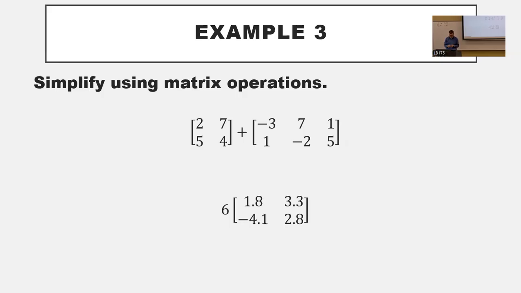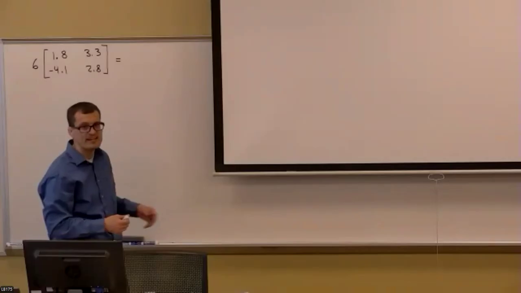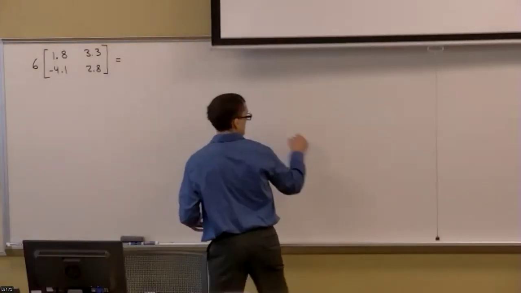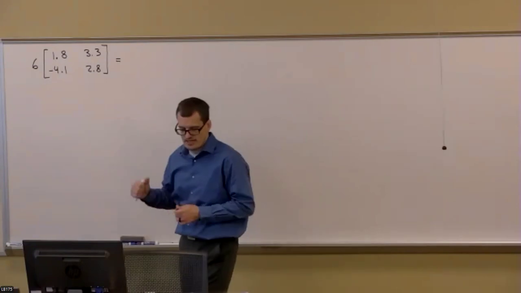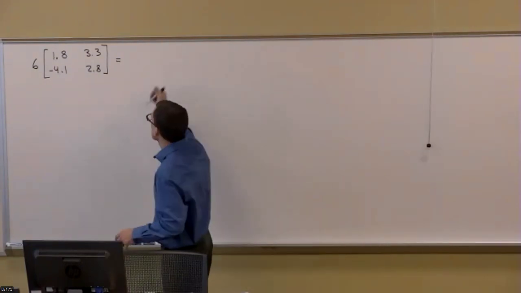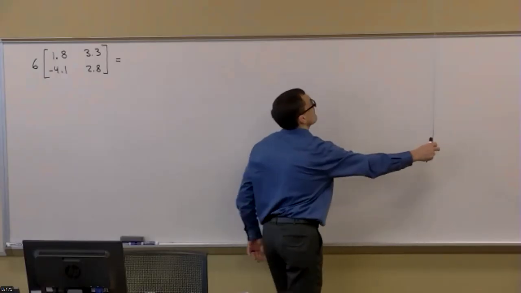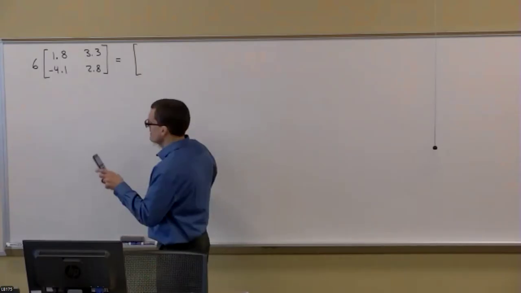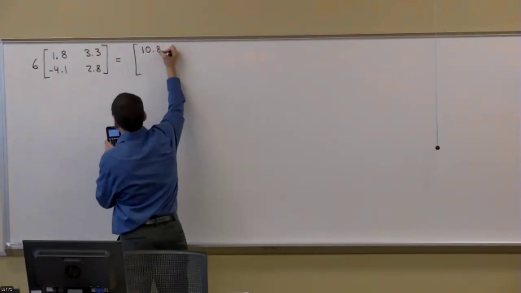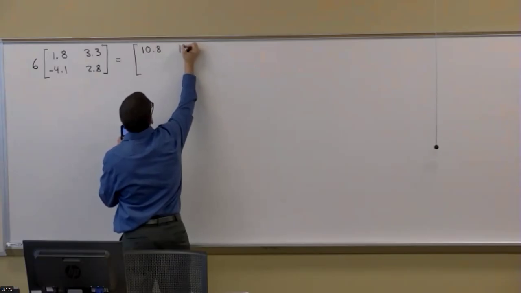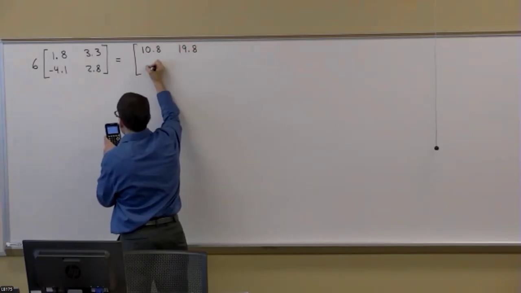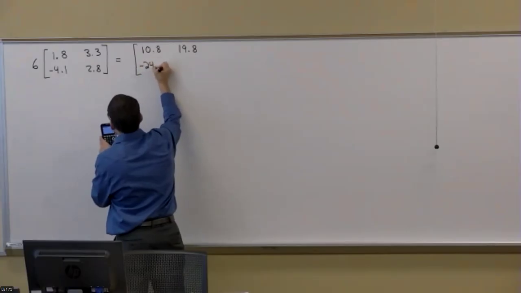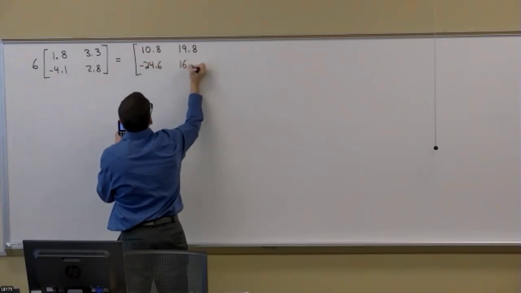And then 6 times 2.8 is 16.8. So when you do the multiplication, again, I'm going through it pretty quickly just because we're trying to do things in low time in this class. We end up getting in the first row 10.8, 19.8, and in the second row -24.6, and then 16.8.